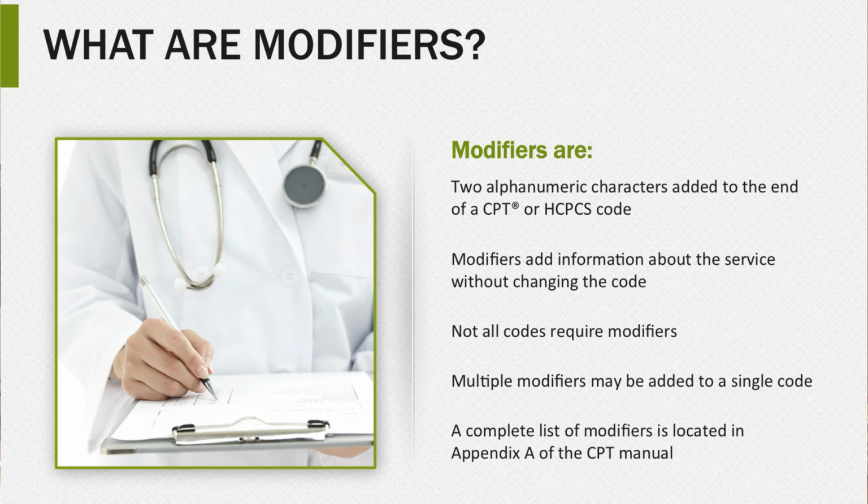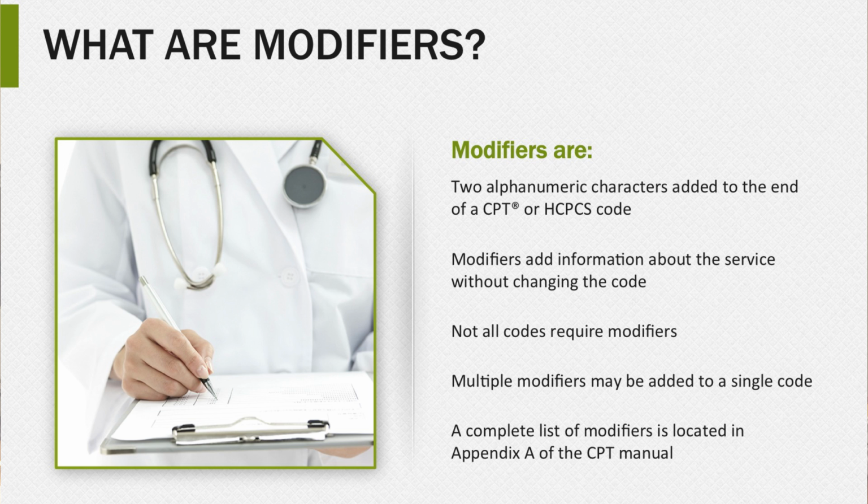Modifiers give us additional information about the service provided without changing the description of the service provided or CPT code. For example, a preventive and sick visit is performed on the same day. Modifier 25 does not change the description of the preventive visit, nor does it change the description of the sick visit.